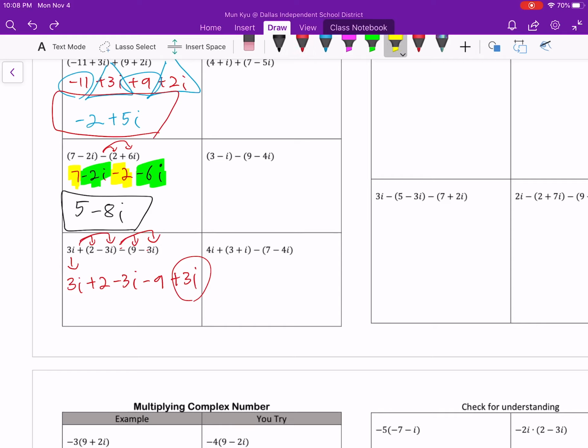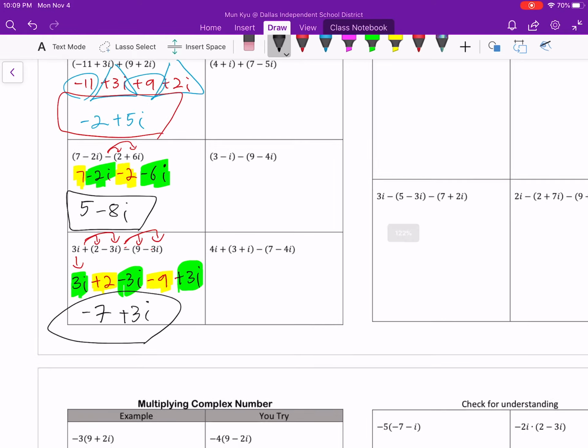Oh, it's so easy to do 3i and negative 3i first, but it's going to be confusing if you do it because most likely you're going to put i first. So let's do plain numbers first. Positive 2 goes with negative 9, which will give us negative 7. And next, 3i goes with negative 3i, which gives 0, but plus the 3i we're adding is going to be plus 3i.